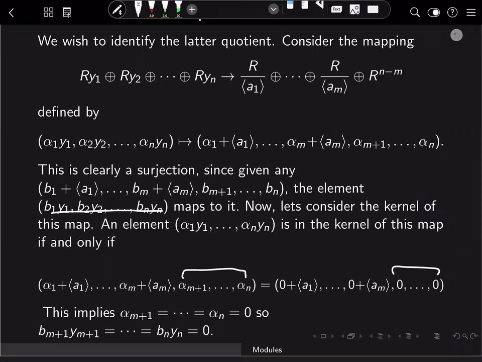This is a mistype, so we don't mean that. What that tells us is that in our original element, alpha m plus 1, y m plus 1 through alpha n yn is going to be equal to 0. So to be in the kernel, all of these extra factors on the end that are not in a quotient have to be 0.